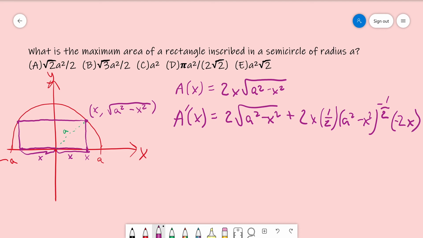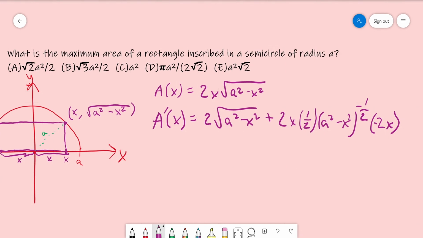Now, remember, to find the maximum of this function, we're going to have to set the derivative equal to 0 and solve for x. So let's see. If we move this here, I'm going to set this equal to 0.